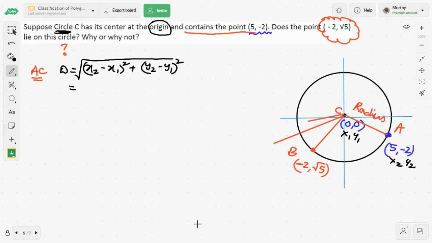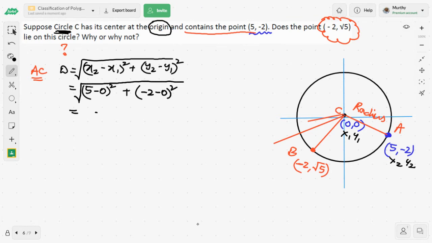So x2 is 5 minus 0, so it is (5 minus 0) square, plus y2 is negative 2 minus 0, so (negative 2 minus 0) square.